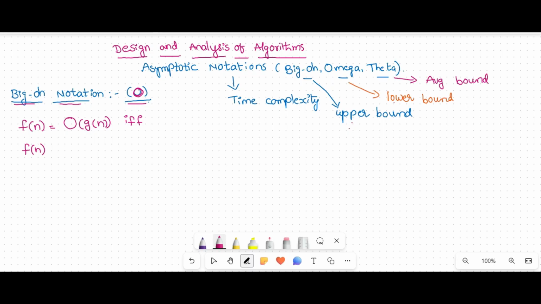f of n is less than or equal to c into g of n for all n, where c is constant.